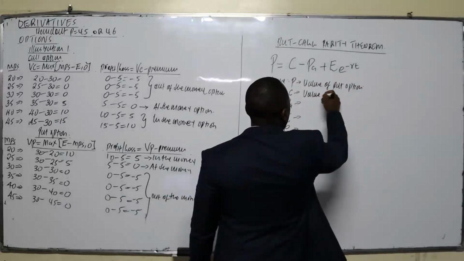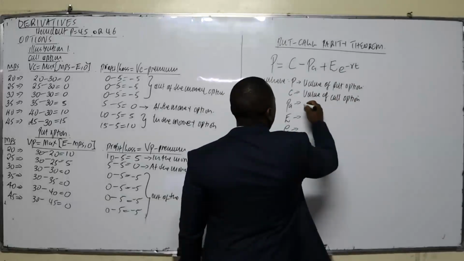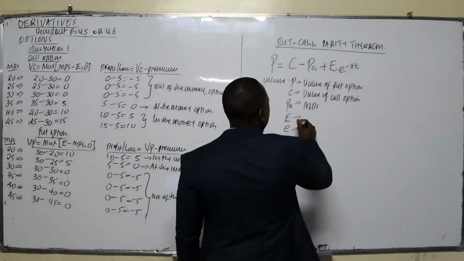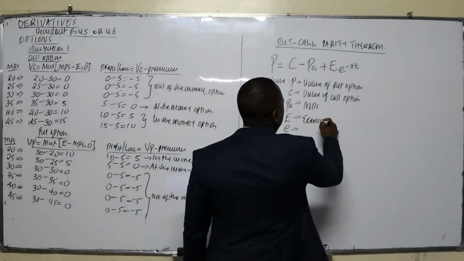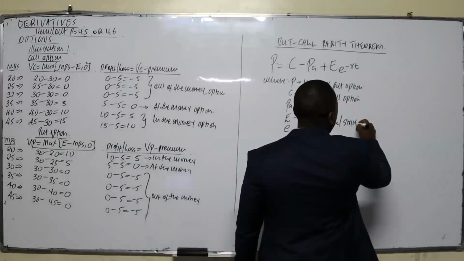This is the value of the call option. P is the market price per share, E is the exercise price, also known as the strike price.